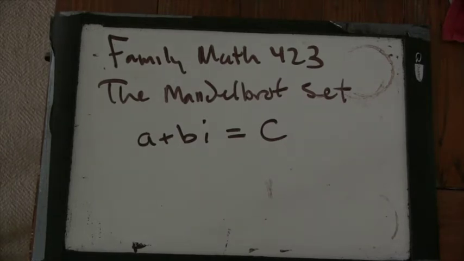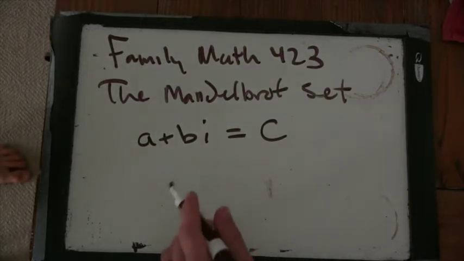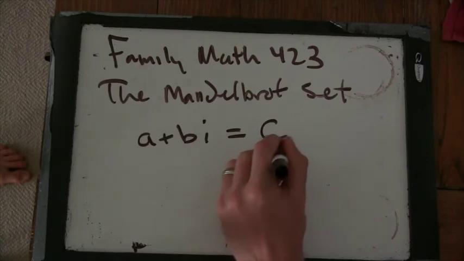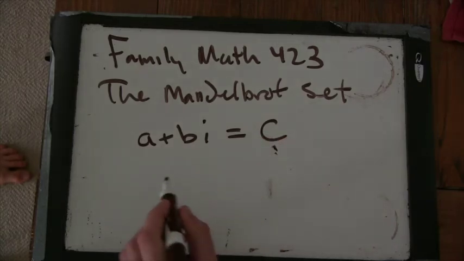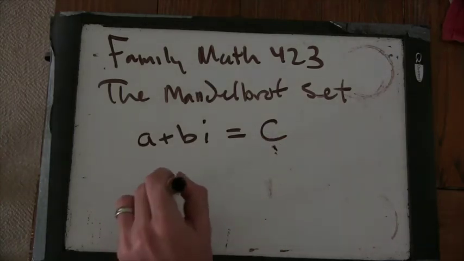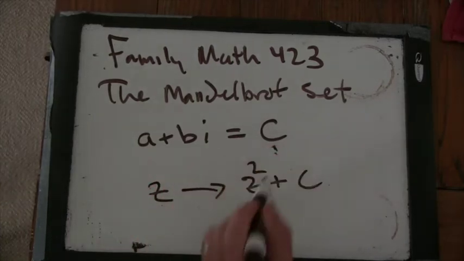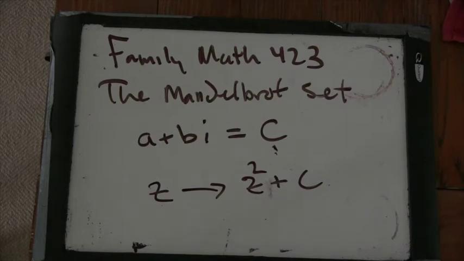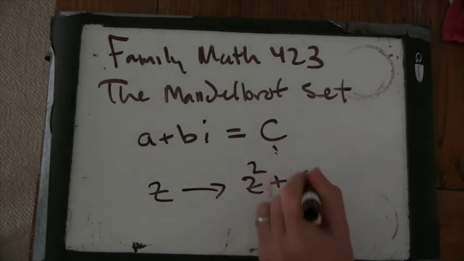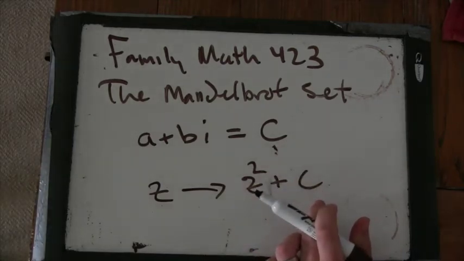And so what we do is we create a map where we start with c, and then we create new numbers. I'm just going to call these numbers z, and we go to z squared plus c. The reason I have all these variables is that the constant always stays the same. That's always our starting number.